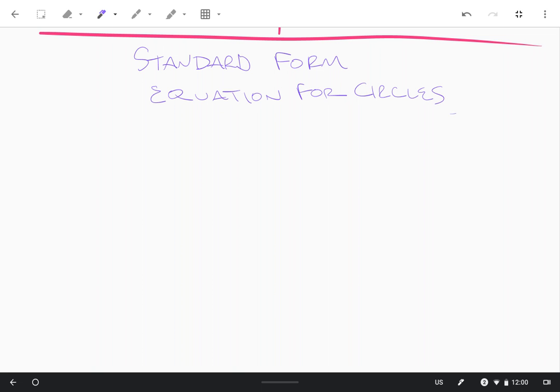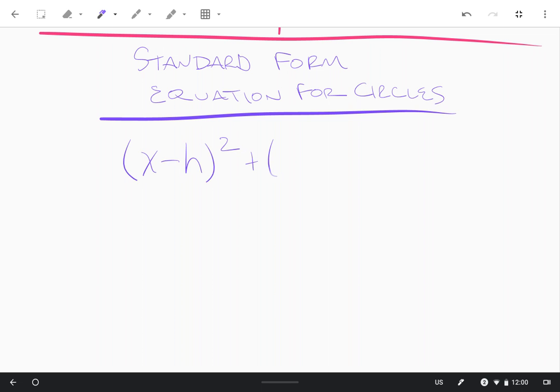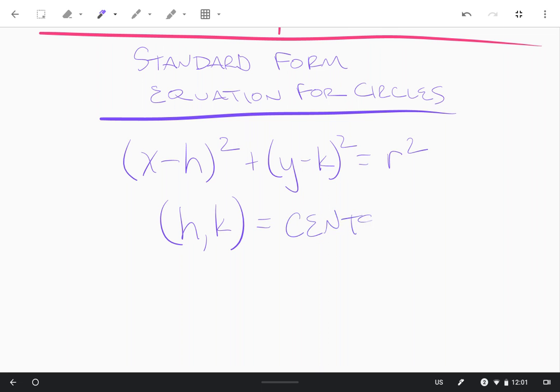Standard form equation for circles is the following: x minus h squared plus y minus k squared equals r squared. And in that, h and k are the x and y coordinates of the center. And r is obviously the radius, same letter we used above.